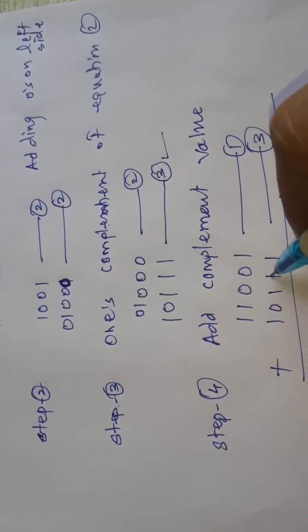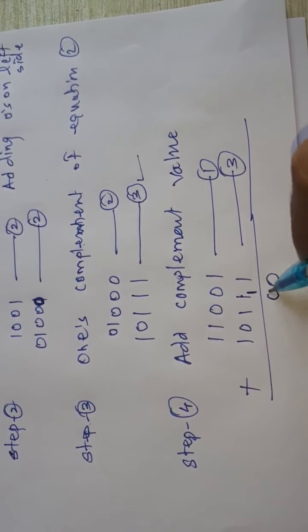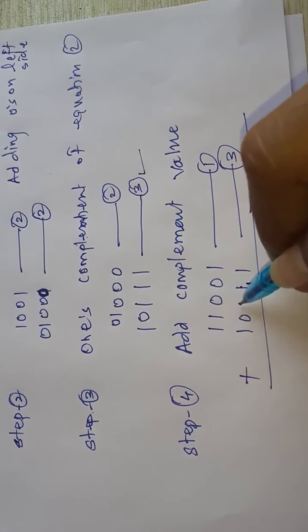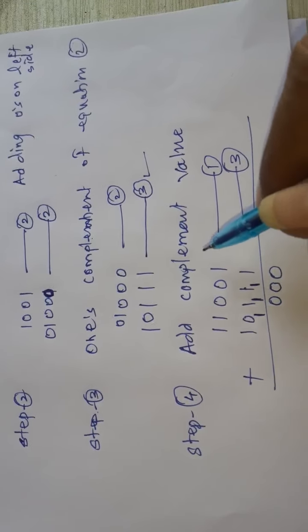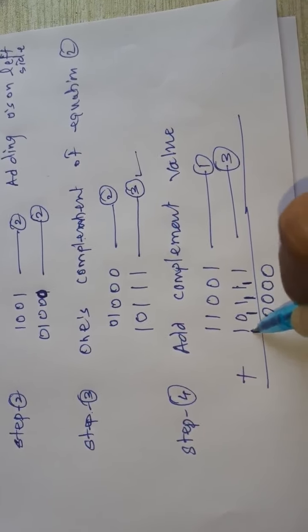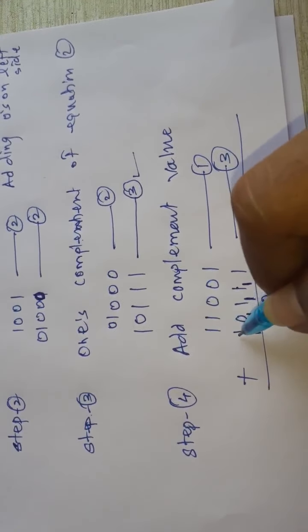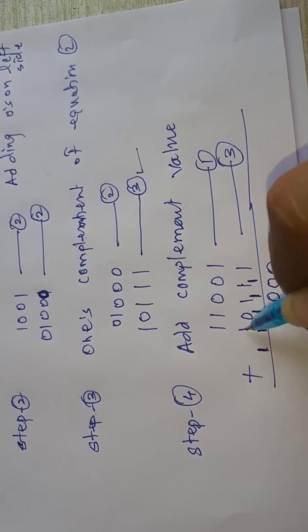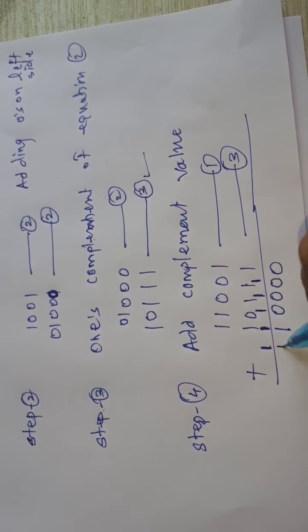So 0 plus 1, 1, and 1 plus 1, again result is 0, and 1 carry to the next bit. 0 plus 1, 1, 1 plus 1, again 0, and carry to the next bit. 1 plus 0, 1, 1 plus 1, again 0, and the carry goes to the next digit. 1 plus 1, result is 0, and we give the carry to the next, and 0 plus 1 is 1, and this one again here.